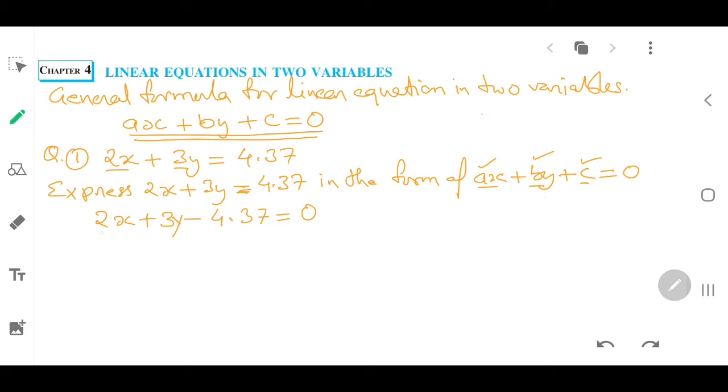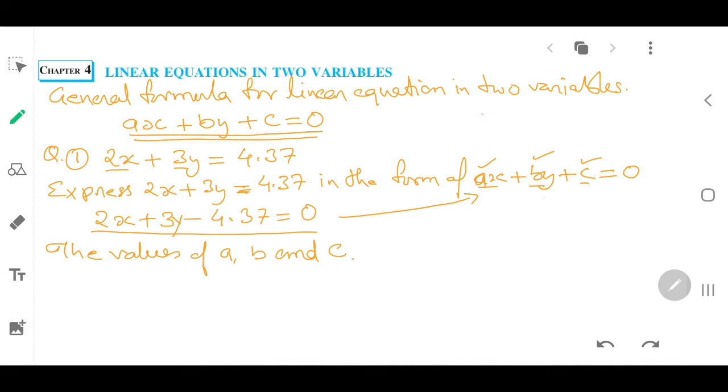Now this equation that I have written here is in the form of ax plus by plus c. They are asking to find out the values of a, b and c.